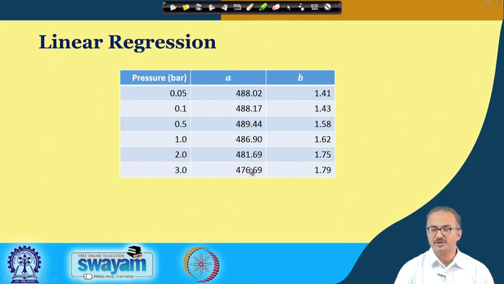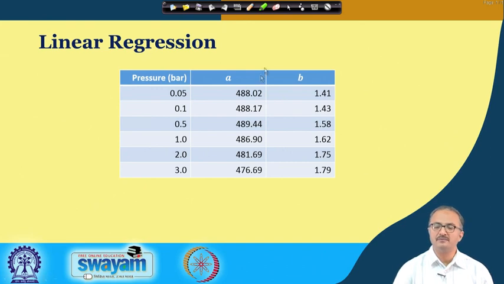There is no clear trend, and B is increasing throughout. But whatever the increase or decrease, the percentage error is not going to be much.